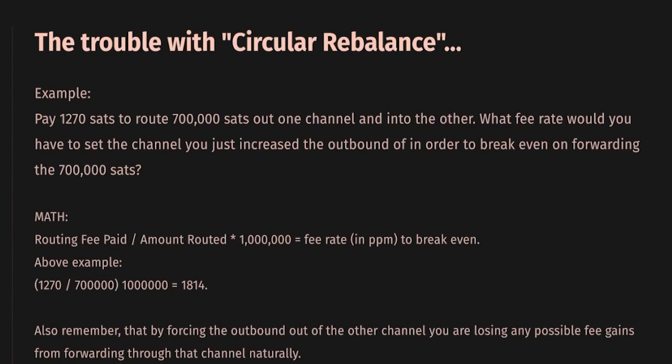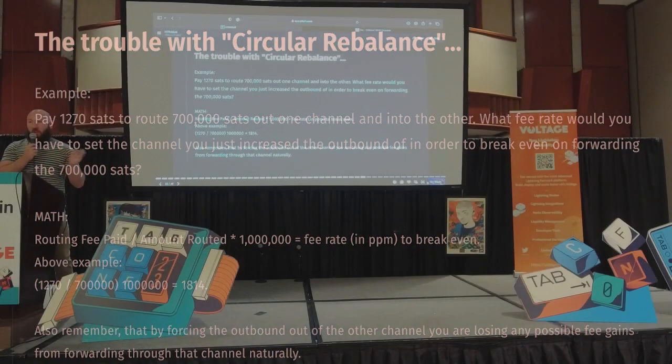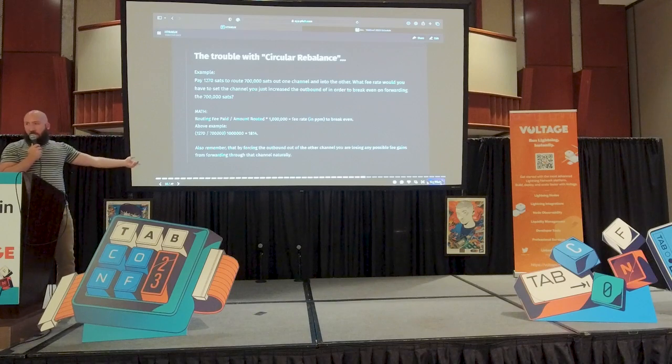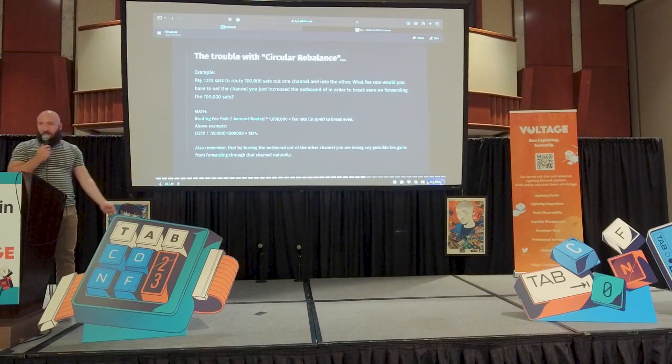But this last part, a lot of people don't realize. If you're moving outbound from a channel that is likely going to earn fees anyway, by forcing liquidity out of that channel, you are losing potential gains on that channel.